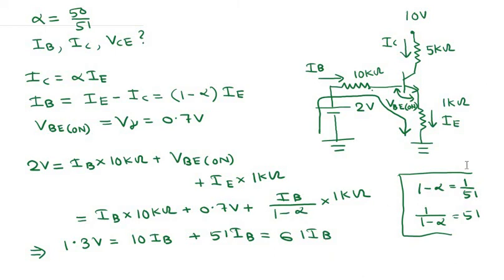So the base current IB is equal to 1.3 volts divided by 61, which gives 0.0213 milliamps. I would better write 1.3 divided by 61 milliamps.